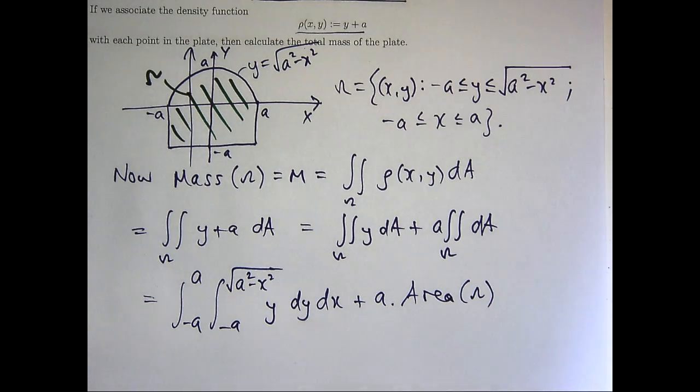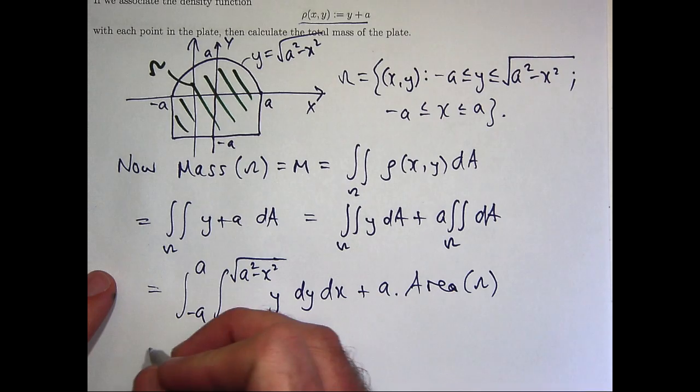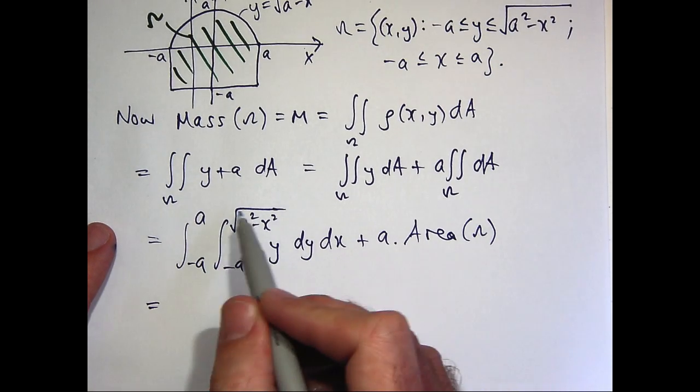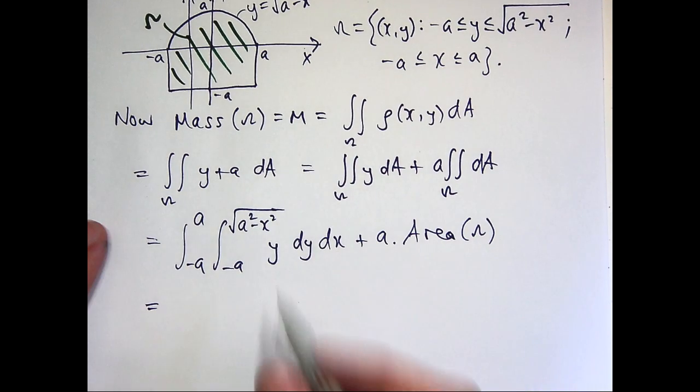The region omega is just a rectangle and half a disk, so it's not too hard to calculate the area, and I just want to multiply it by a. Meanwhile, I do the inside integral first. I integrate with respect to y, so I get a half y squared.